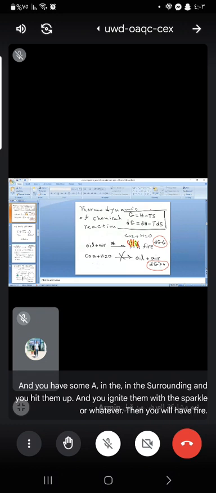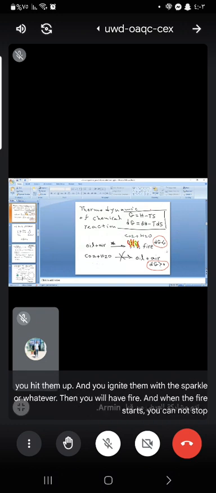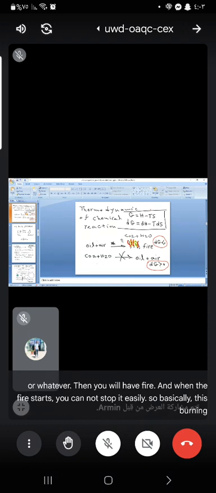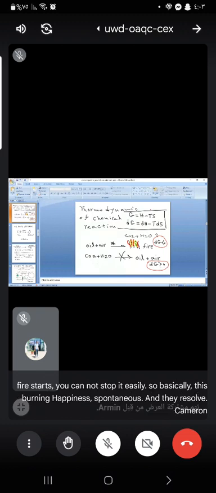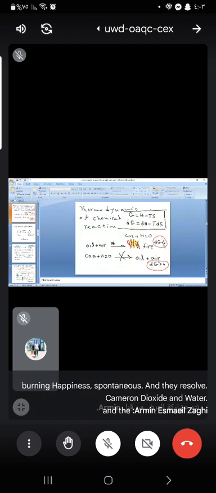And when the fire starts, you cannot stop it easily. This burning happens spontaneously, and results in carbon dioxide and water, and the Gibbs energy of the system is reducing.